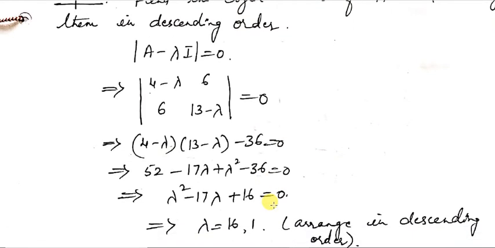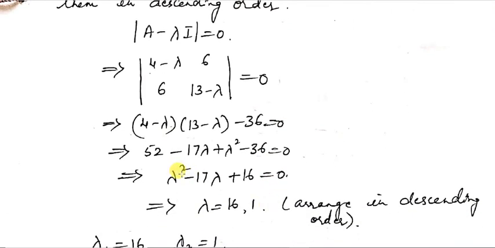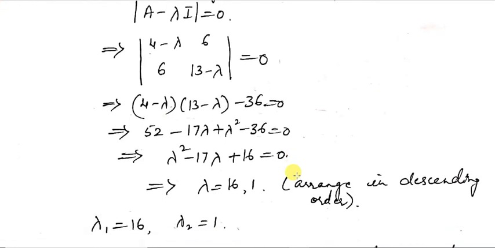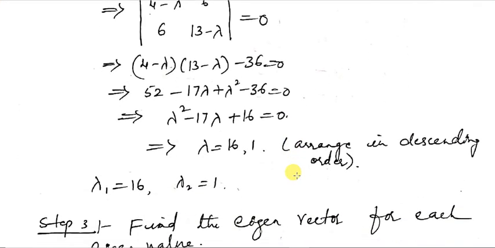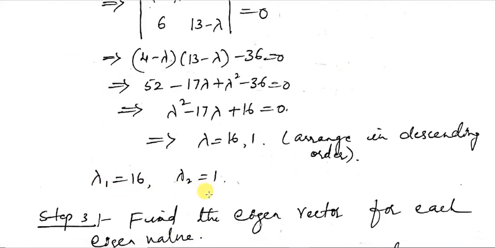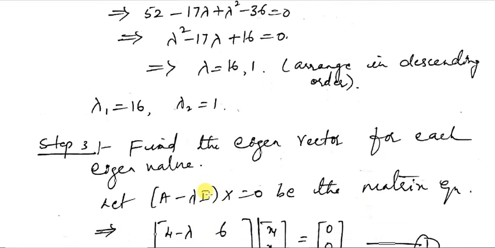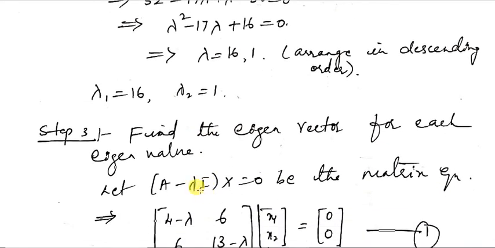Simplifying, we get a quadratic equation as lambda square minus 17 lambda plus 16 is equal to 0. Solving this characteristic equation, I'll get the roots, and these roots are called the eigenvalues. Let us arrange these eigenvalues in descending order by denoting lambda 1 is equal to 16 and lambda 2 is equal to 1.